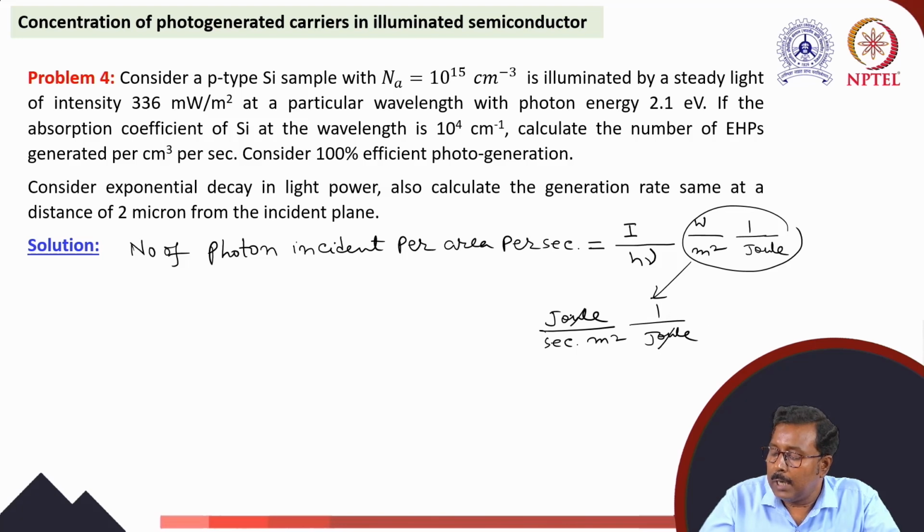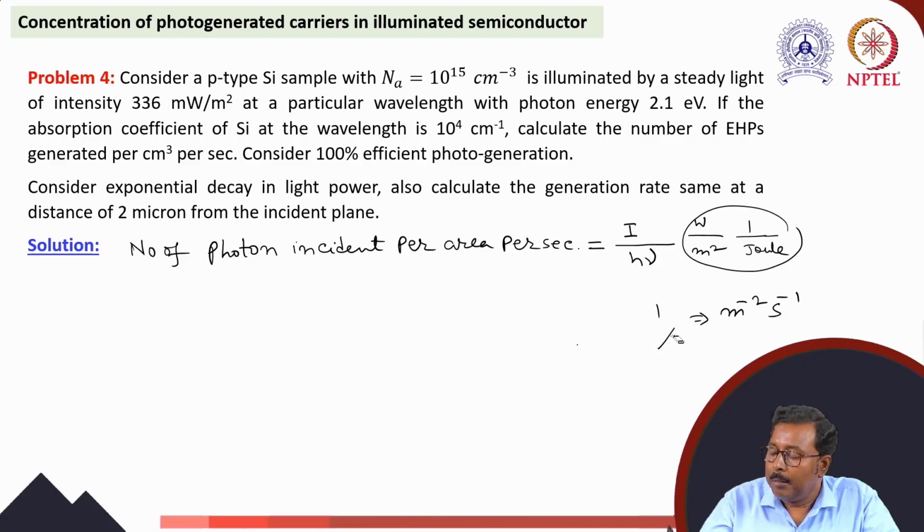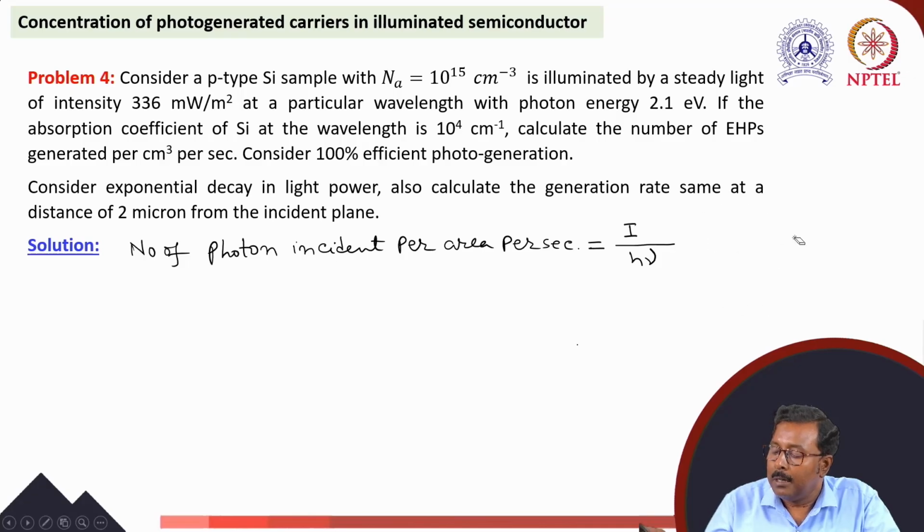So joule cancels out, and this gives you per meter square per second. That is the number of photons. Similarly, we can also calculate the number of photons per centimeter cube.